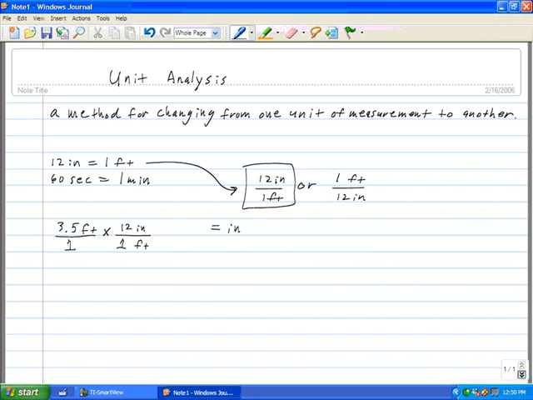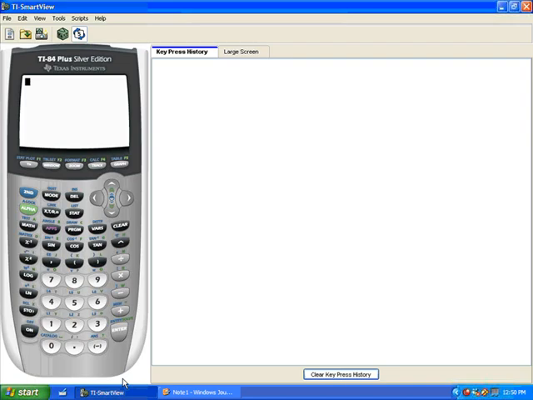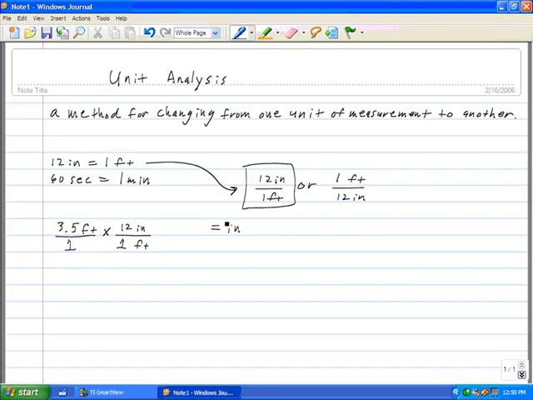Now we can go to the calculator. Any number that is in the numerator will get multiplied. Numbers in the denominator get divided. Of course, ones don't have any effect, whether they're being multiplied or divided. So on the calculator, we'll simply take 3.5 times 12, and our result is going to be 42 inches.